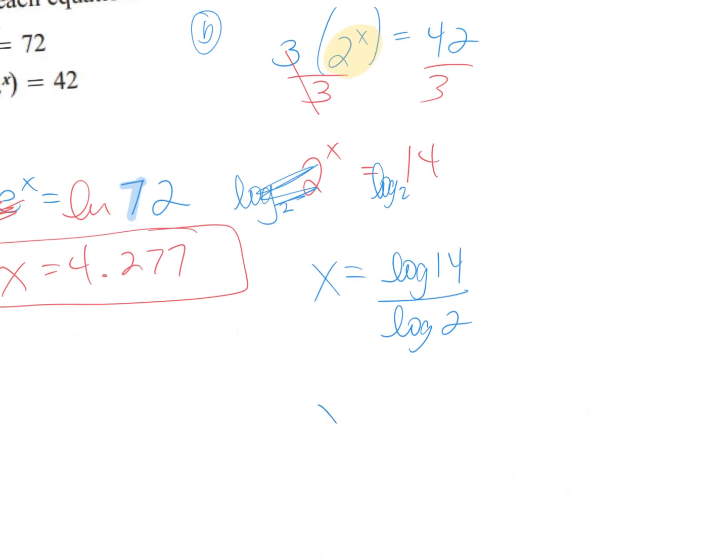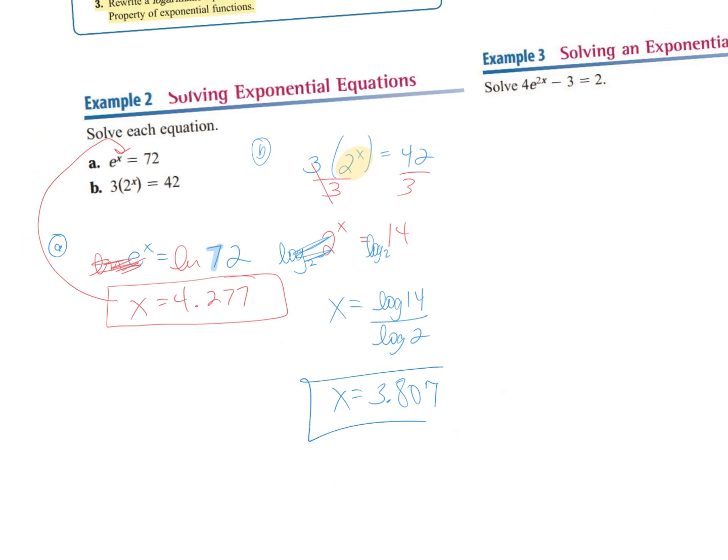Yep, I got the same thing. x equals 3.807. And I'm going to take 2 seconds and plug it right back in using my calculator, just to make sure I get something close to 42. So I have 3 times 2 raised to the 3.807 power.